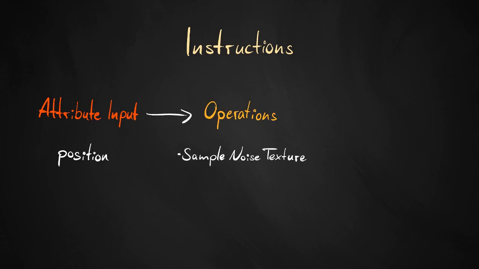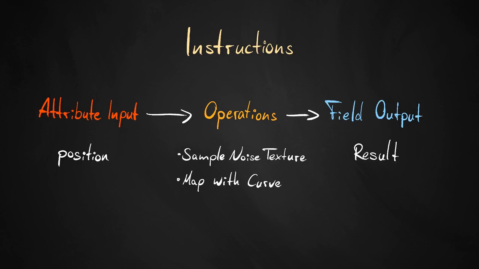So what you're really passing around with a field are instructions on how to calculate an attribute to be used in a geometry operation. In this specific case, the instructions would be something along the lines of use the position attribute to sample a noise texture, and then map the resulting values with a defined curve.